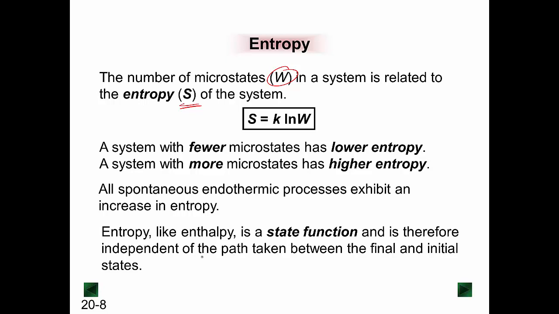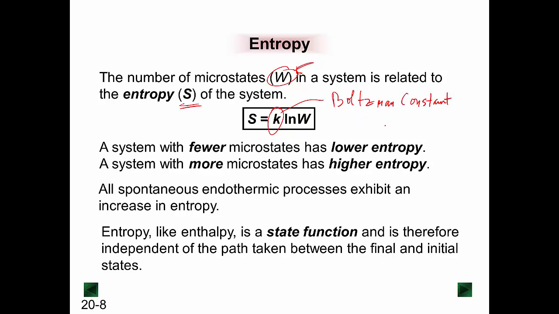We have a given number of microstates in a system that we represent with this capital W. Given a particular number of microstates, entropy for that system can be calculated by taking what is known as the Boltzmann constant, K, and multiplying it times the natural log of the number of microstates.